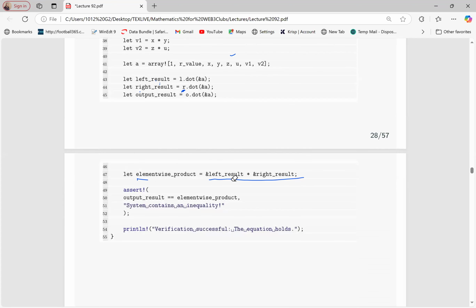I had not opened this Rust code. I want to see what I call it. I call it algebraic circuit verification. Let me just find it. Algebraic circuit verification. Yes, I've found it.